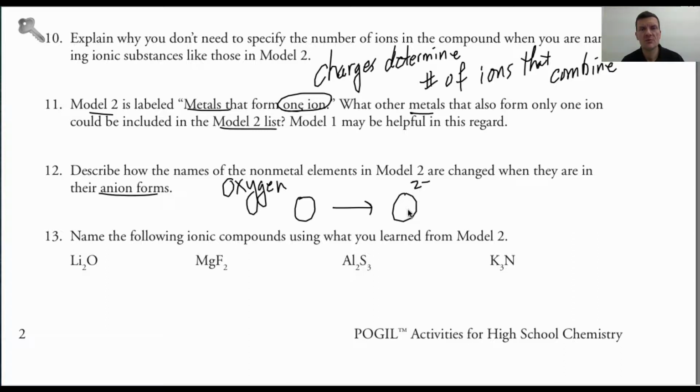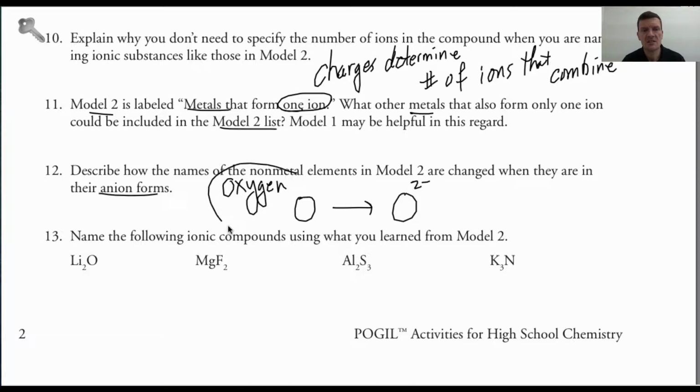It will become more stable if it's able to gain 2 electrons from some metal. Metals readily give up electrons. Non-metals like to gain electrons. So if oxygen can gain 2 electrons, it'll become more stable, and it'll become a charged particle, and then it's going to be attracted to any metal that has a positive charge on it.